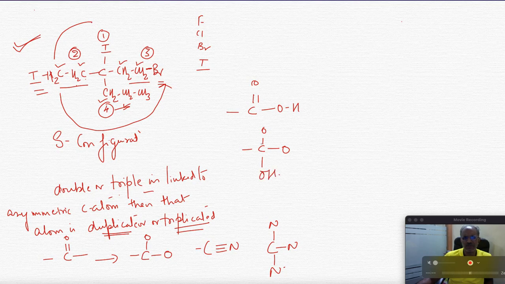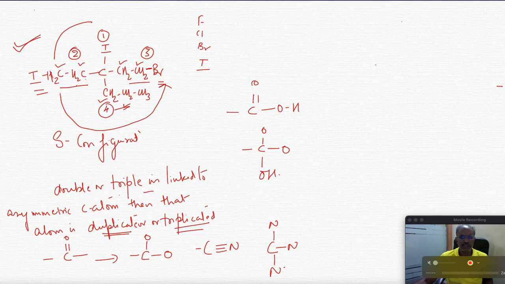So always if double bond and triple bond are attached to a chiral carbon atom, then the double bond is duplicated and the triple bond is triplicated. Like in case of CN, that is cyanide, and in case of C double bond O, that means acetone, that means ketone. This is a carboxylic acid. Fine. We'll take one example in this case now.